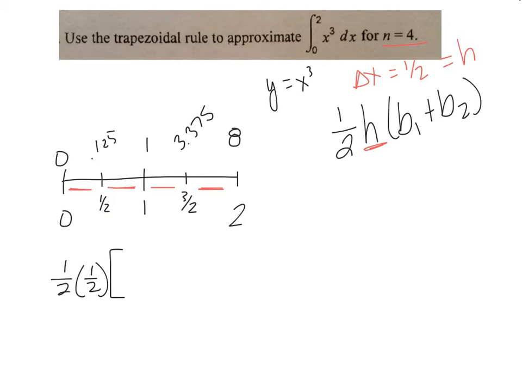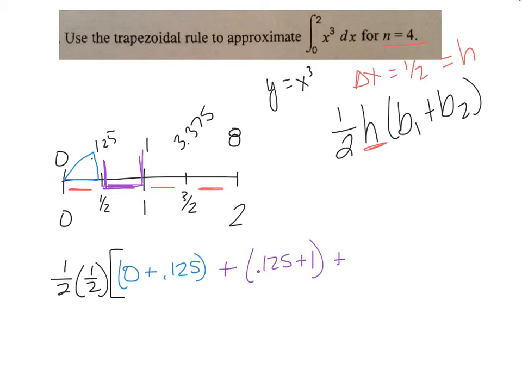At this point, I'm going to switch a few colors on you. The first trapezoid is going to go here, so it's 0 plus 0.125. My second trapezoid is going to be here. The base of the first one goes from here, the 0.125, and then the other base is here, which goes up to 1.